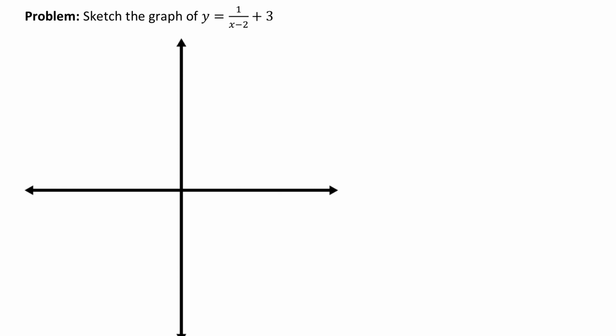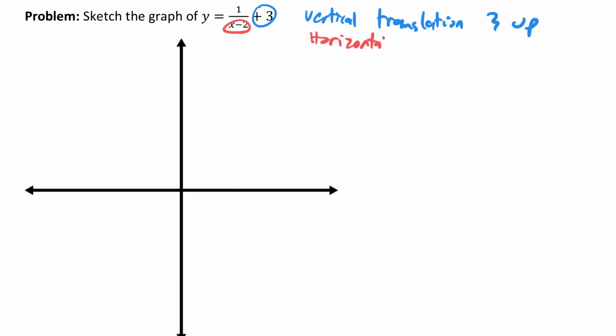Because if we think about it, the plus 3 here would mean a vertical translation, 3 units up, and this negative 2 down here would be a horizontal translation of 2 units to the right.